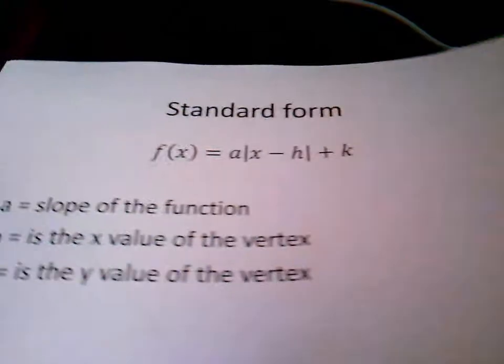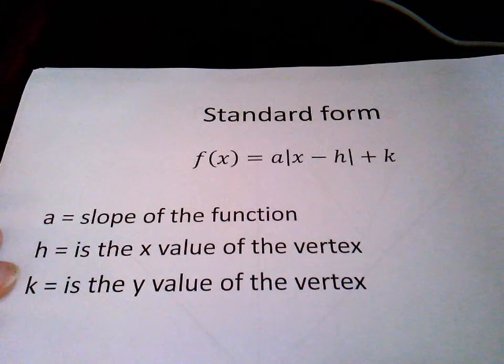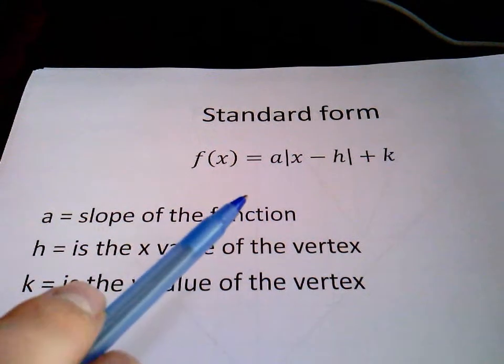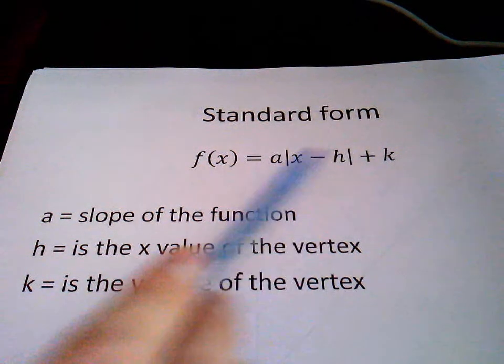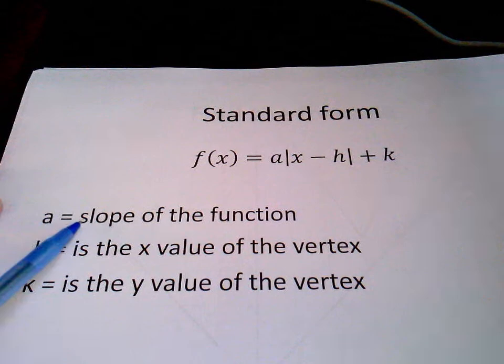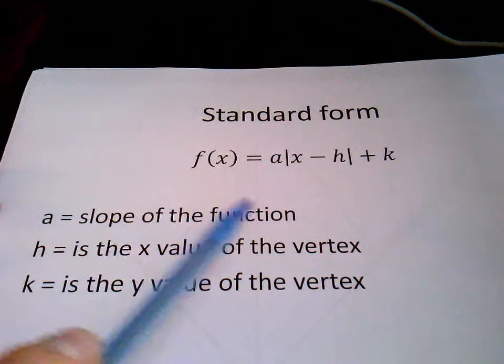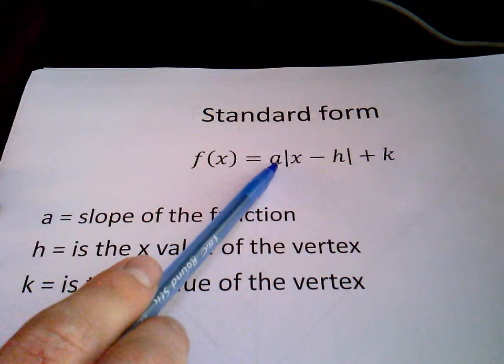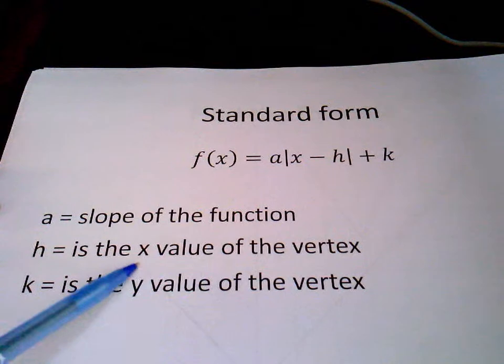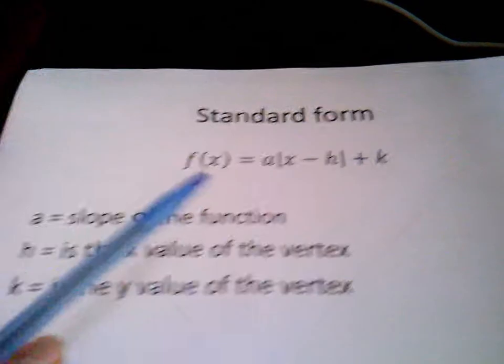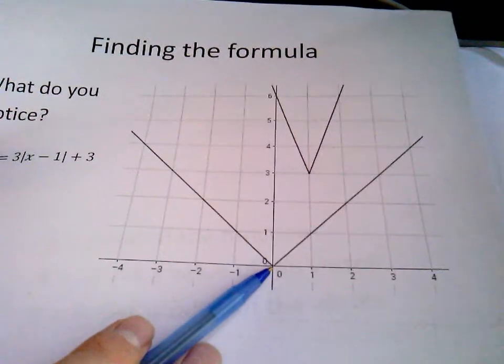Now, this is the standard form of an absolute value function. So you have x minus h plus k and there's a. Now I called it slope in this one, but technically it's the stretching and shrinking, but we can go with slope. A, h, and k. The h represents the x value of the vertex. Now the vertex, guys, is this. It's where the two lines meet.